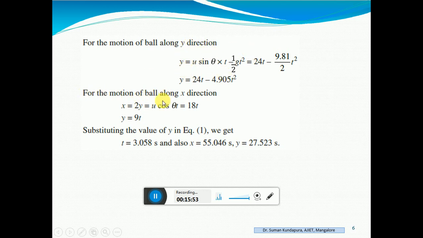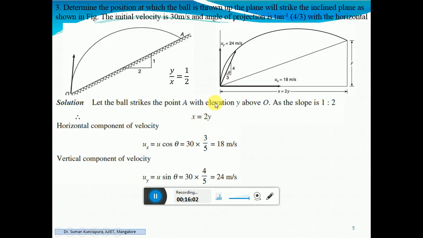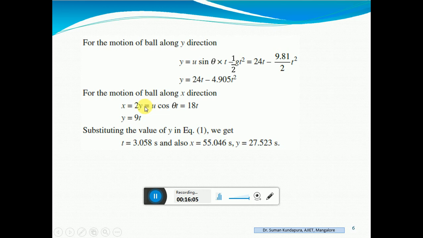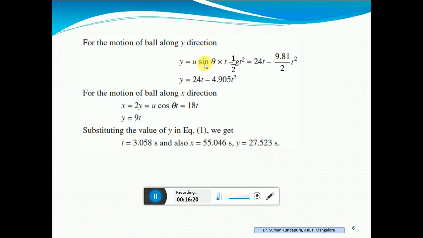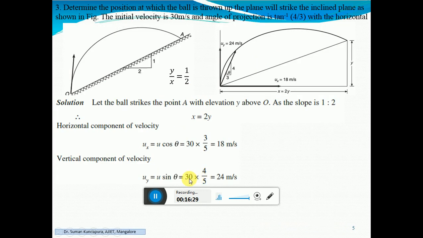For motion of the ball along the x direction, the x component is u cos theta. X is equal to, as we already found out in the problem, x is equal to 2y. So this is also equal to 2y. Okay. So now substitute whatever you have already found out in the problem: u sin theta we found from the previous slide, that is 24, and ux as 18 meter per second.